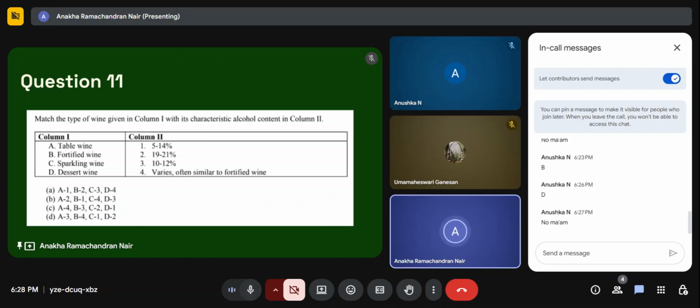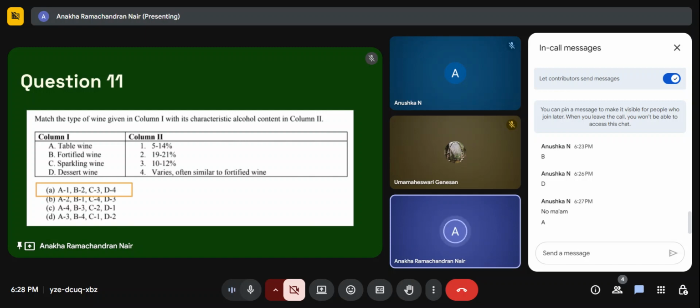So try guessing the answer. A. All right, so let's see what the answer is.